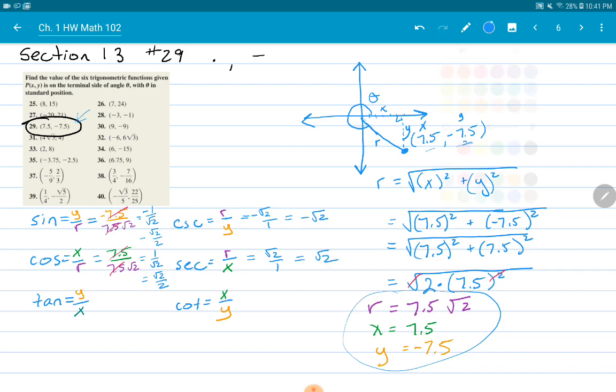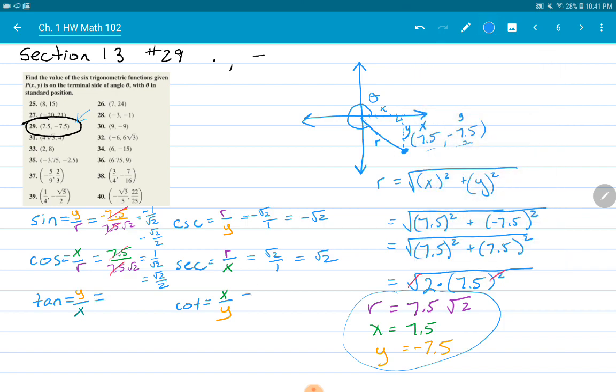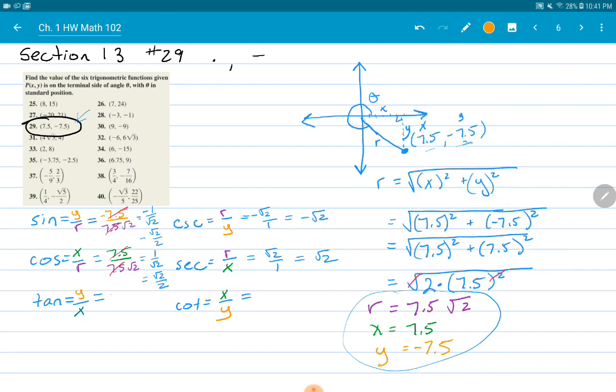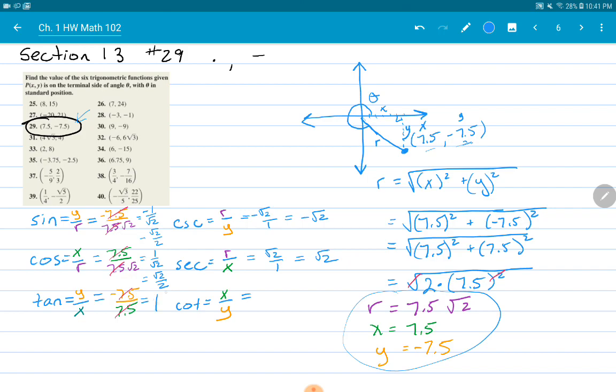Okay, and then tangent. So I'm going to do an equal sign first. The orange pen for the y is the negative 7.5, and the x is positive 7.5. Well, these cancel again, and I'm left with just negative 1 over 1, which is negative 1. And of course, the reciprocal of negative 1 is again negative 1. So both tangent and cotangent are negative 1. And there are my final answers.